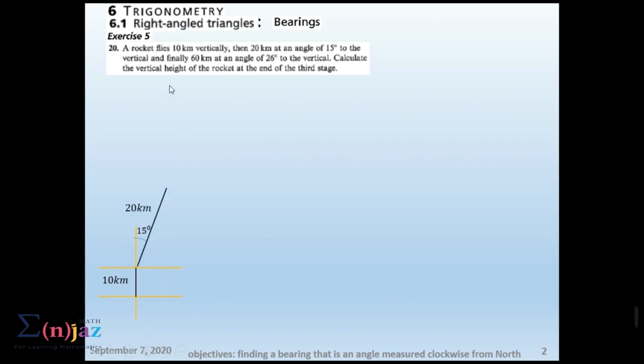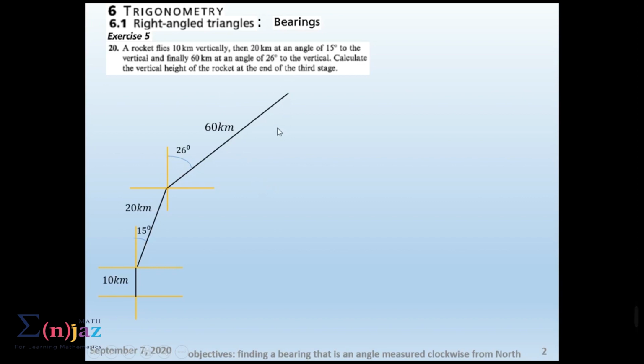The trip did not finish yet. 60 kilometers at angle 26. So at this new ending point, I'm going to draw again another coordinate plane. And from the north, I will measure 26 degrees, so I know where the 60 kilometer line is going to be drawn.